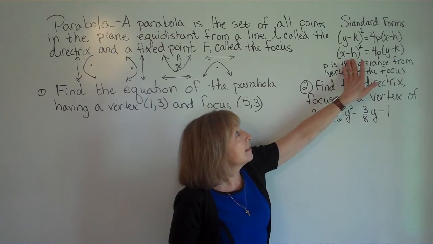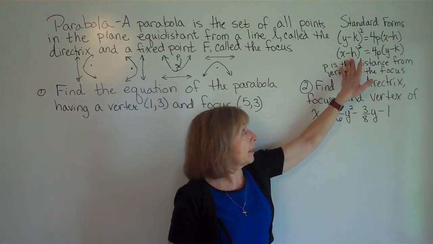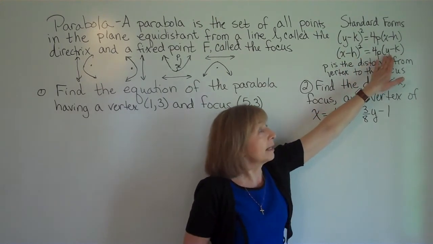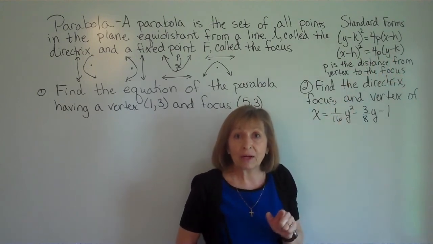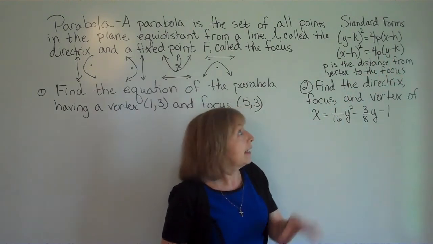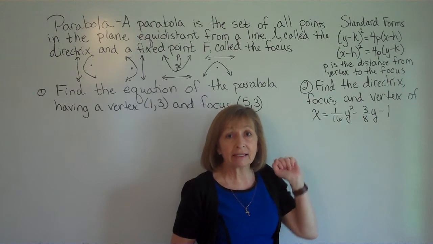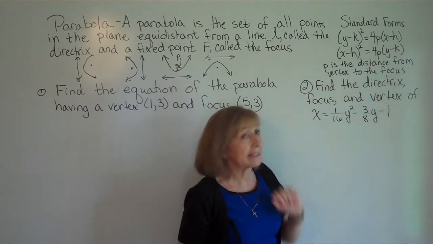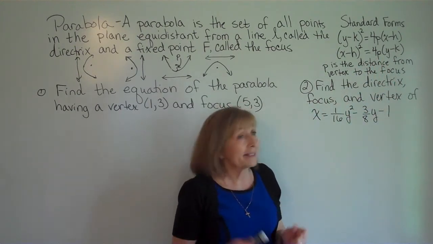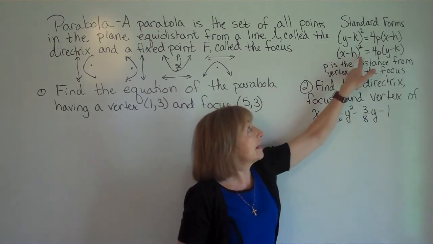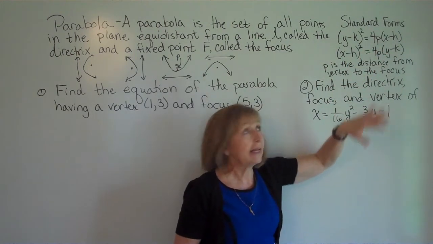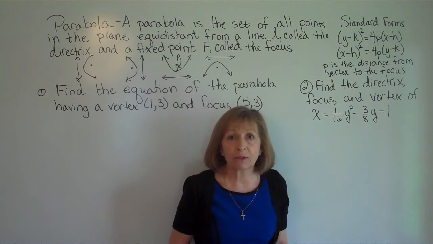And then this x minus h squared is equal to 4p times y minus k. Those are the ones that are going up or down. And up if the 4p is positive, down if the 4p is negative. Now notice that h is always with the x, no matter which case you have, and the k is always with the y.